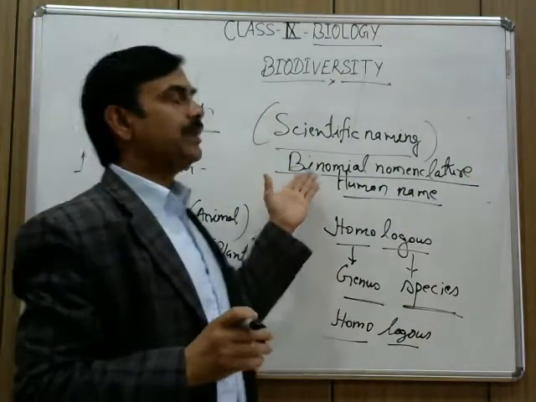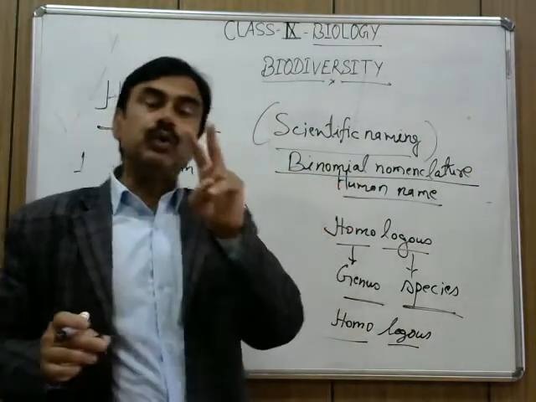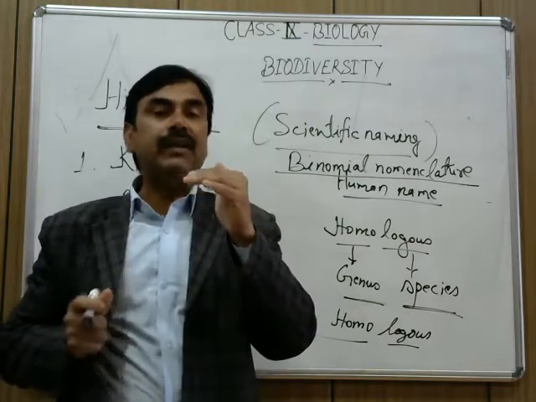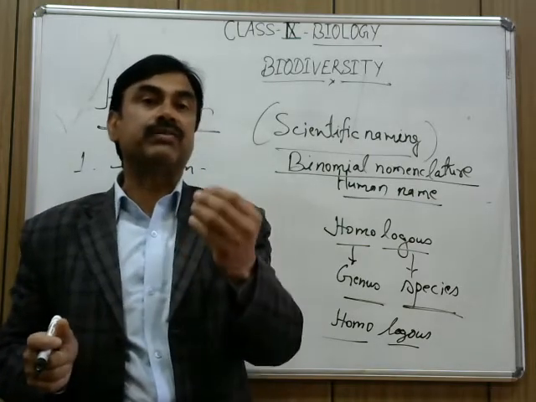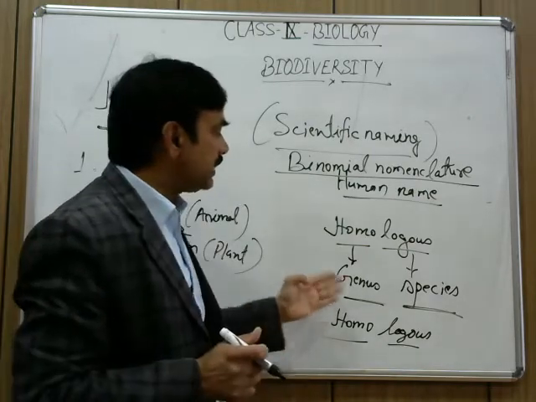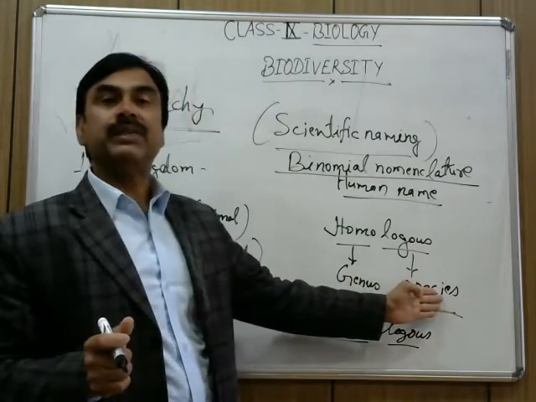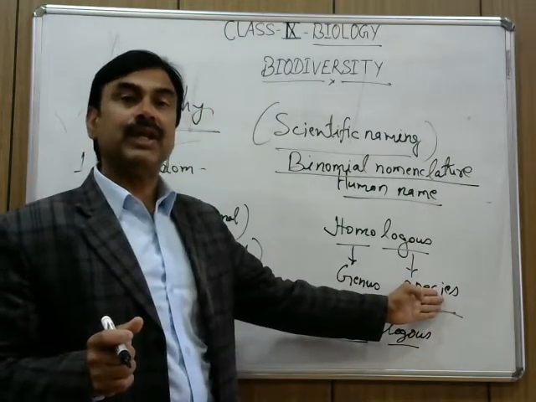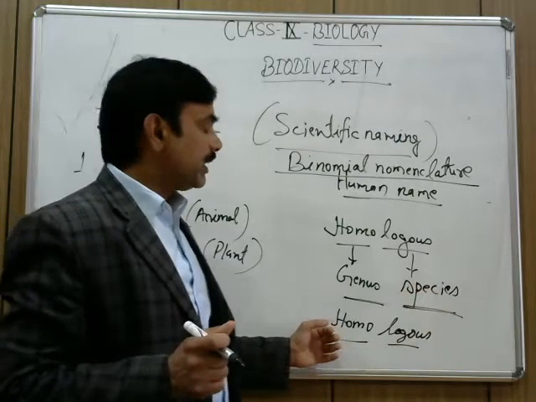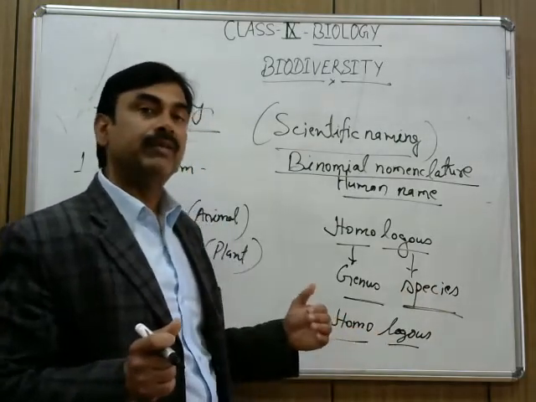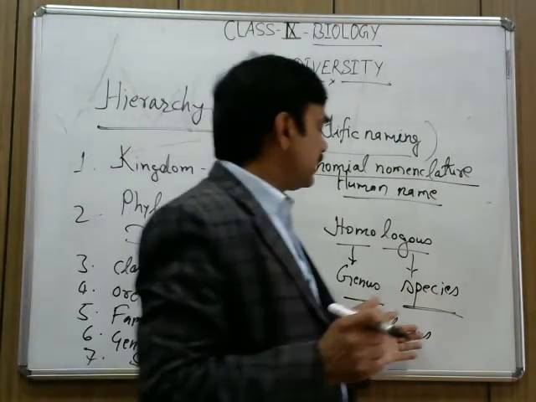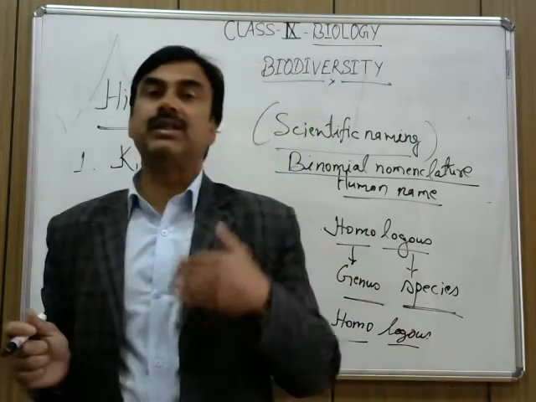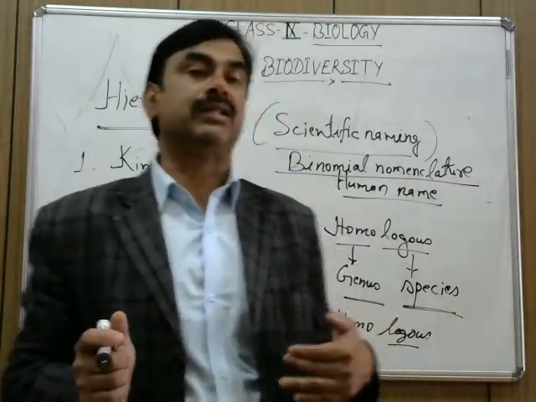Binomial nomenclature means by two. Every scientific name is made up of two words. The first word represents the genus and the second represents the species. When we write, never forget that we begin the genus name with a capital letter, and the species name always starts with a small letter.